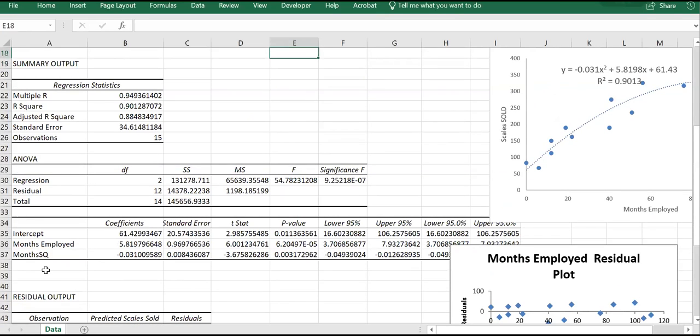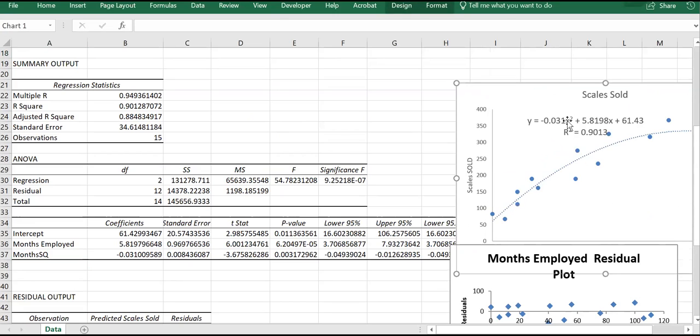I'm just gonna write down the equation. Equation is gonna be exactly the same as my quadratic regression equation that I got from scatter chart.